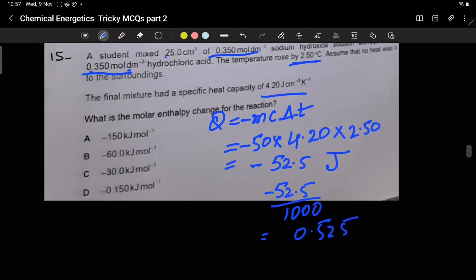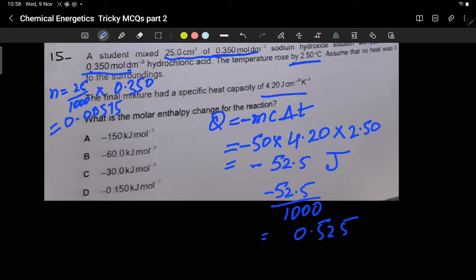And to calculate the number of moles, mole is equal to 25/1000 into 0.350, which is equal to 0.00575.